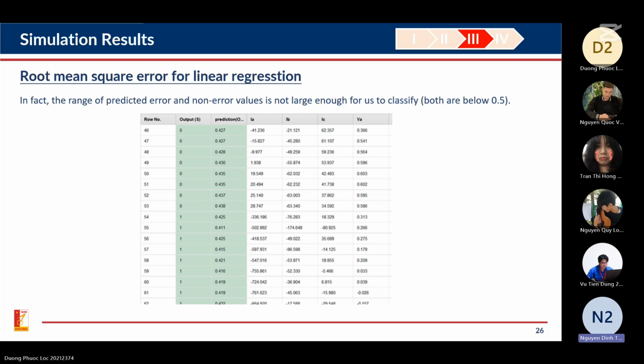In regression, the model outputs continuous values, and comparing the predicted value to the actual value to see if it is accurate is meaningless. For example, if the predicted value is 1.427, although very close to 1, it's not considered a correct prediction. That's my answer.